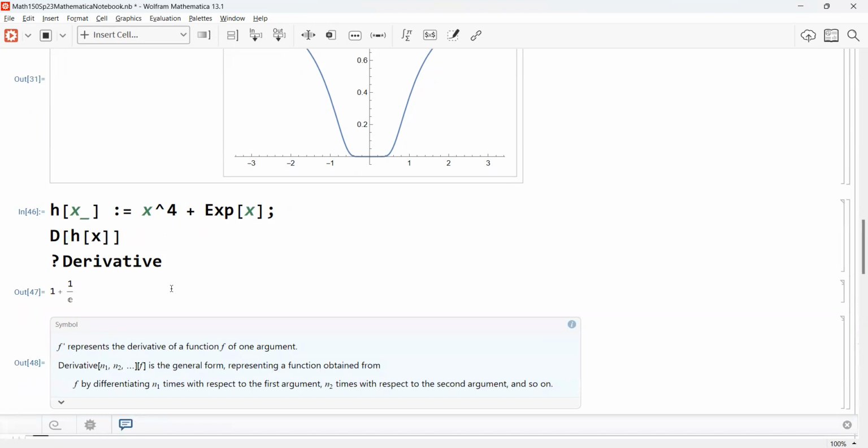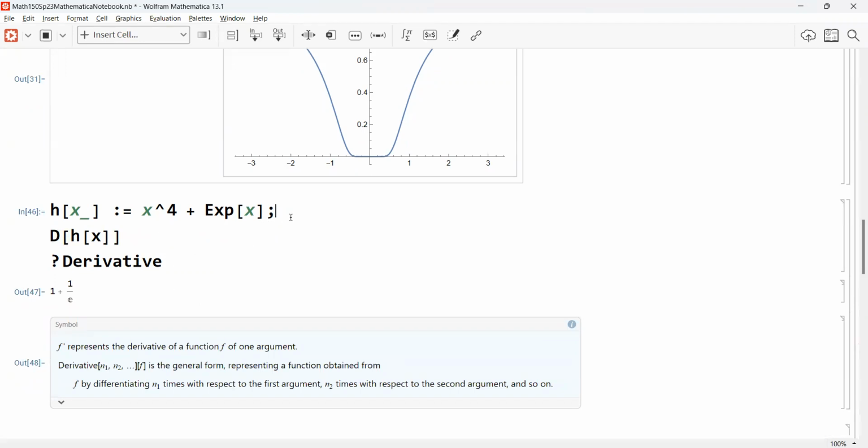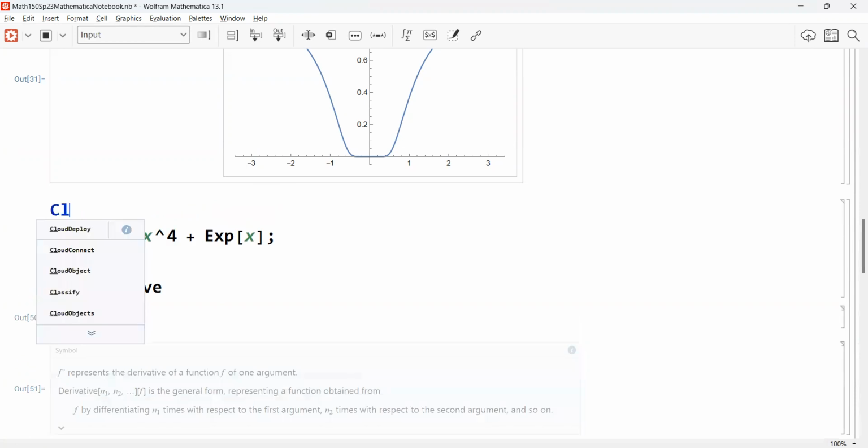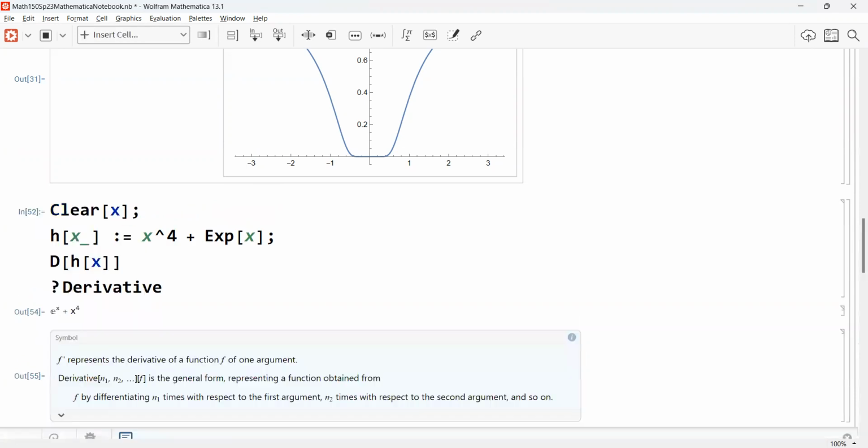Yes. Unless somehow I'm having trouble with x.